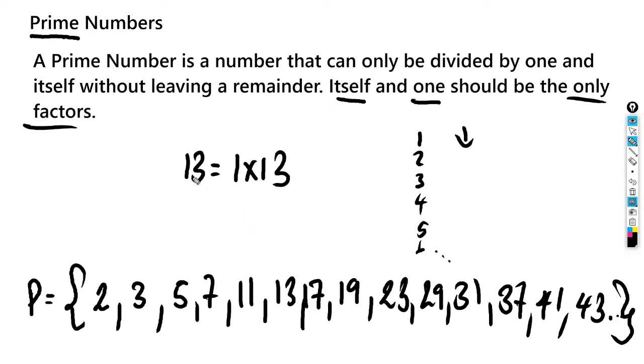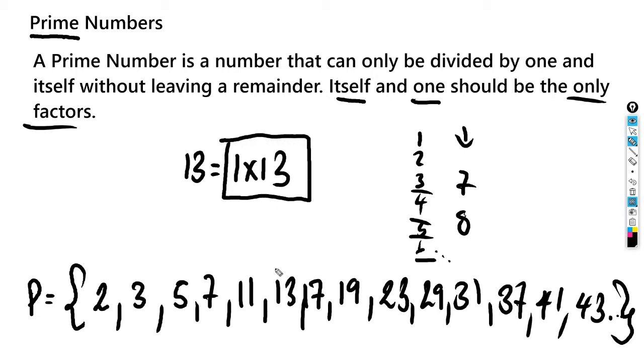Can 2 divide into 13 without leaving a remainder? No. Can 3? No. Can 4? No. Can 5? No. Can 6? No. 7 can't, 8 can't, and it's really obvious that the only two factors you would find are 1 and 13.